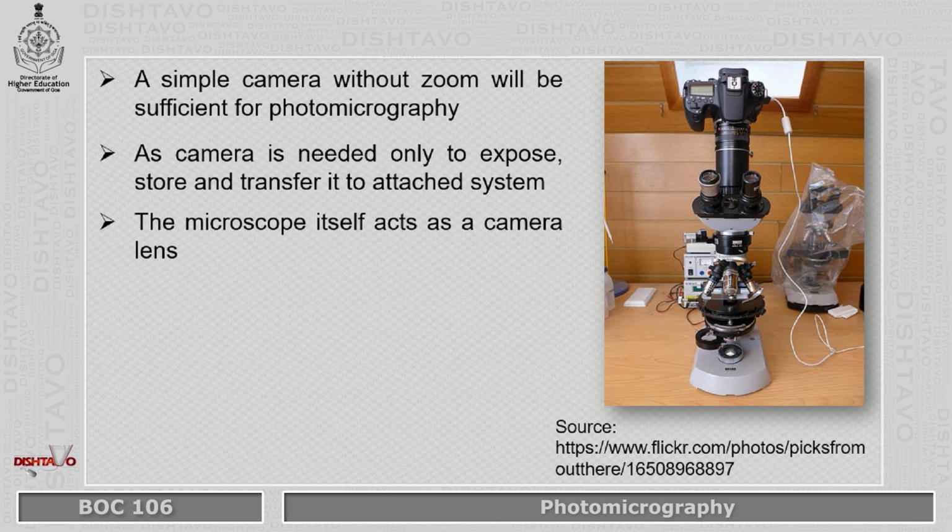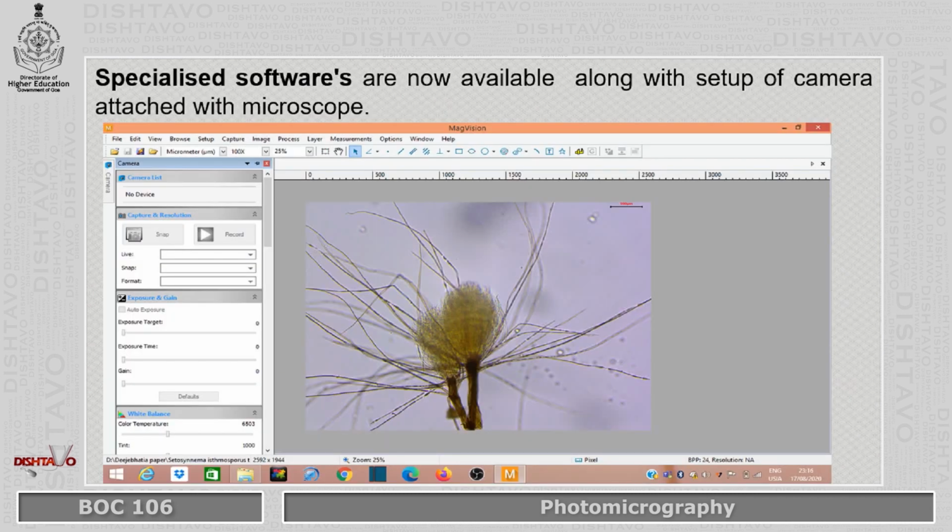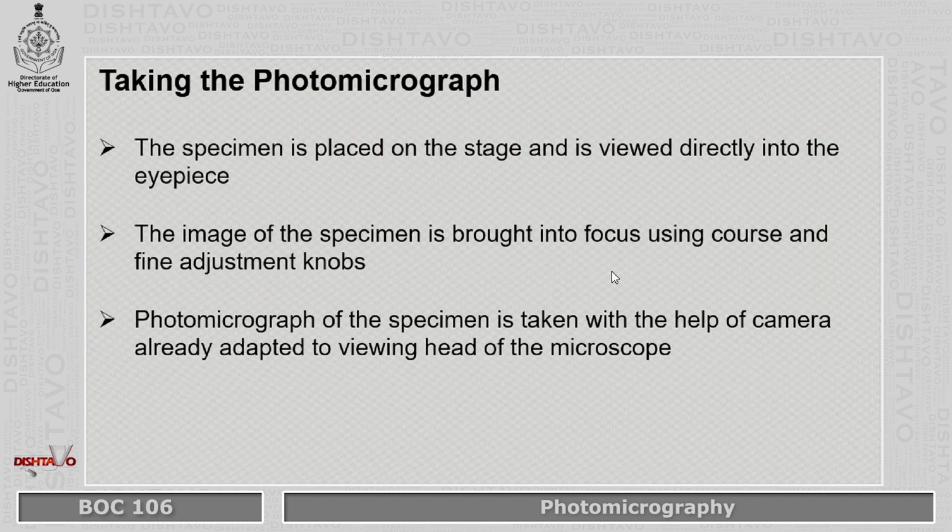A simple camera without zoom is also sufficient for photomicrography, as the camera is required only to expose, store and transfer the images, and the microscope itself acts as the camera lens. Nowadays, specialized software is available along with the setup of the camera attached to the microscope, and this software can be used for editing and also for inserting the scale bar.